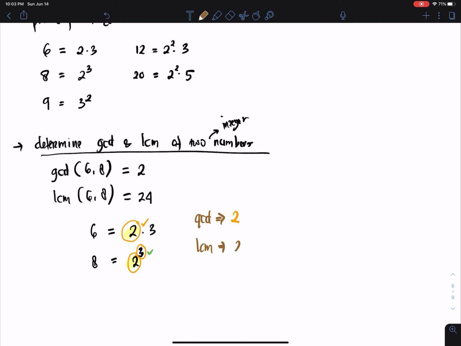The LCM will be 2 to the power of 3, which is 8, times 3, that will be 24. There we go, 24 for the LCM and 2 for the GCD.